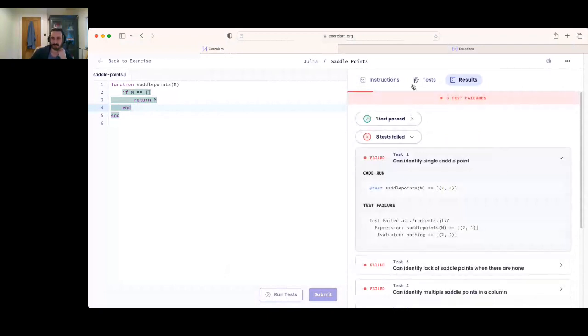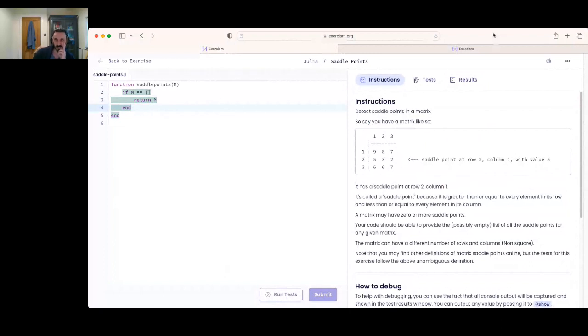Okay, so let's think back to the instructions. Let's have a think about what the expectations are of this. Let's see if we can break this down into a few smaller functions, and then jam those functions together.